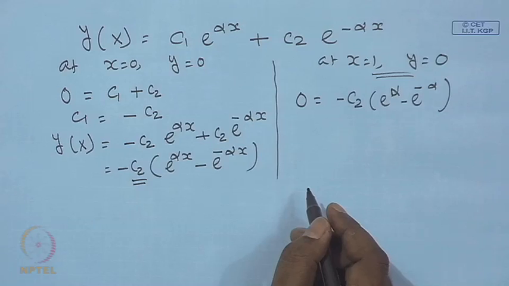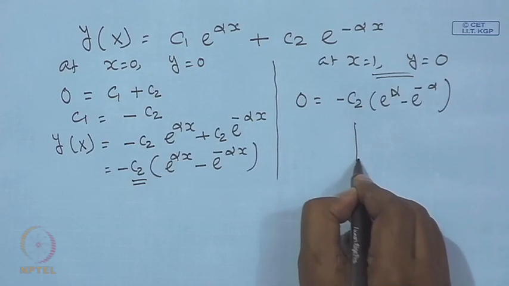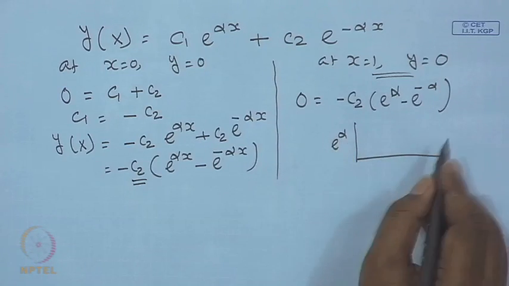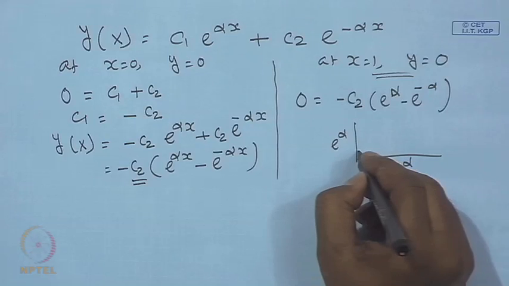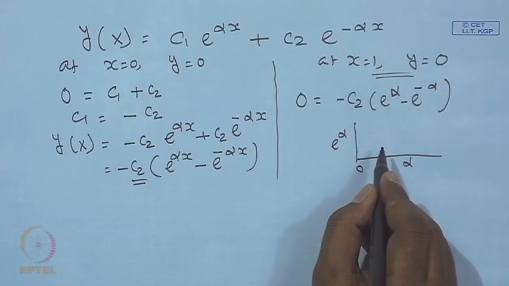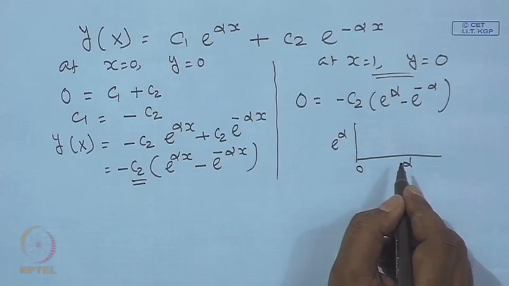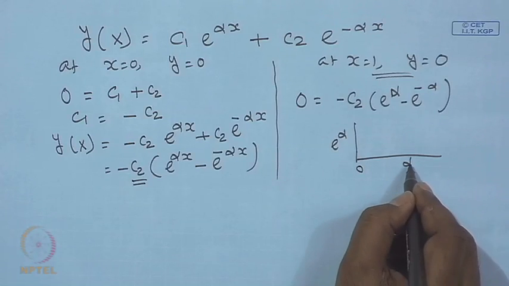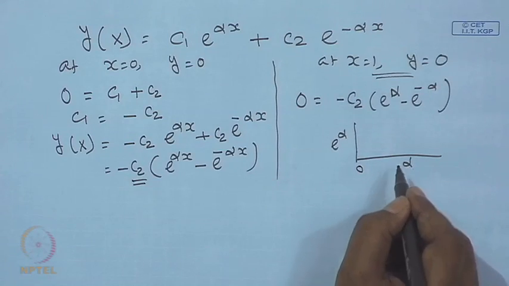Now, if you remember the variation of e to the power alpha as a function of alpha, for alpha is equal to 0, we have ruled out alpha is equal to 0, because if alpha is equal to 0, we are going to get a trivial solution.